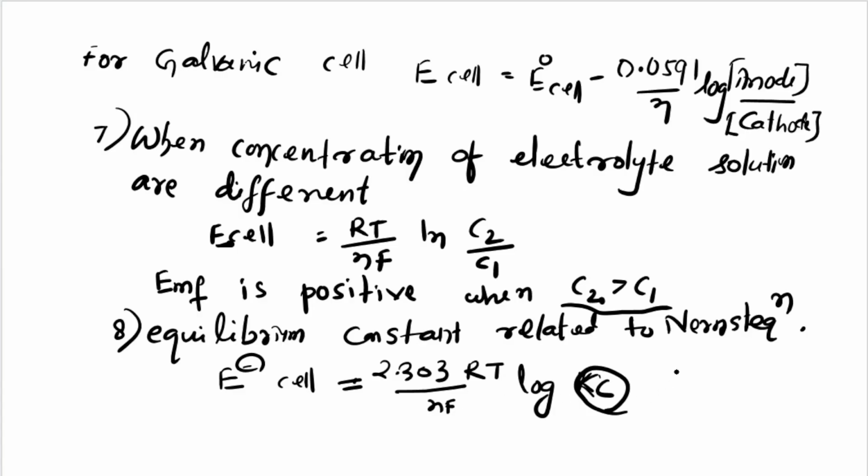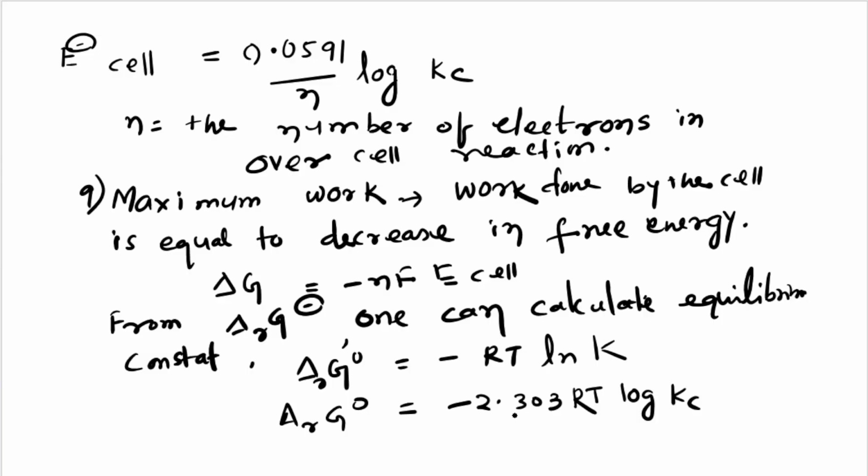This is Kc. So put in the values of R, T and all the others, and then Kc is calculated as the antilogarithm of the value. Then E0 cell equals 0.0591 by n log Kc. So here, what is the new factor?